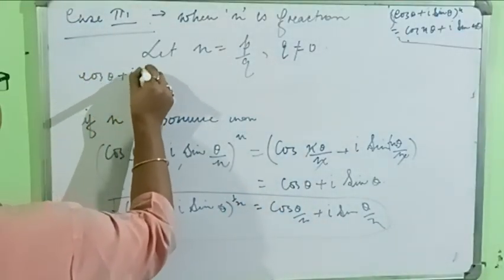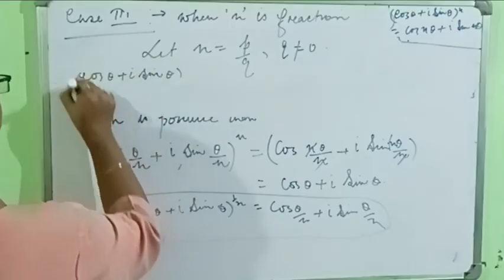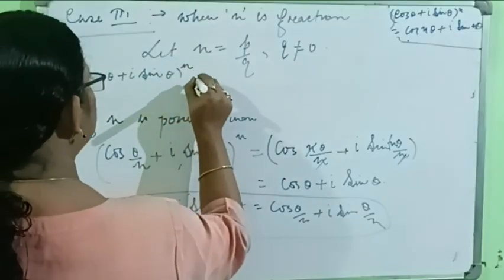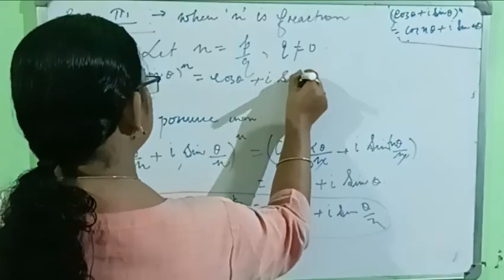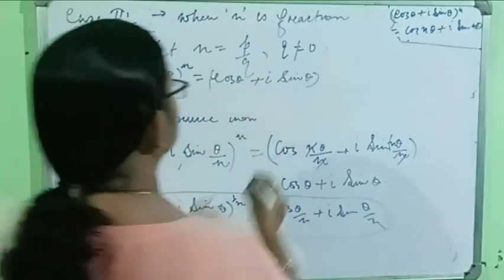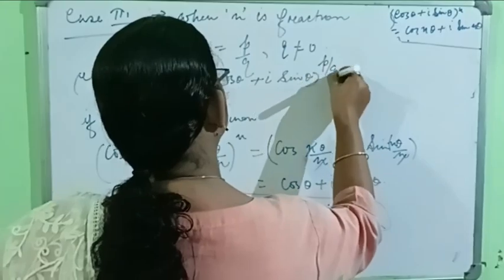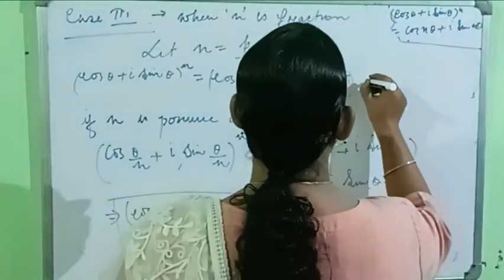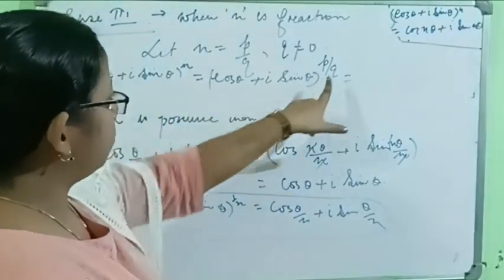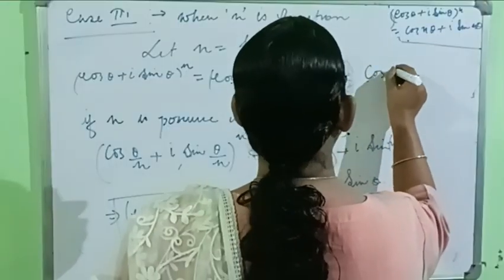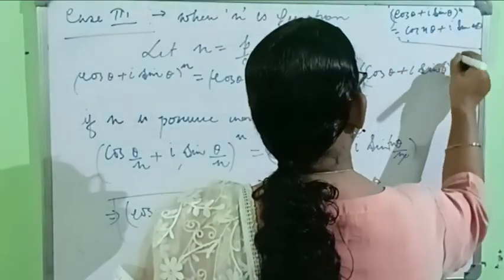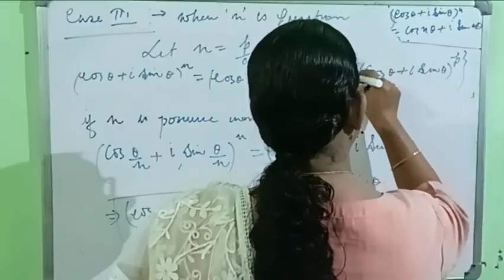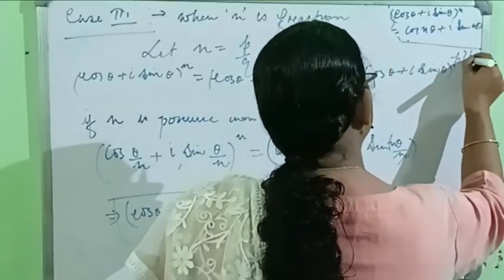Now we are going to find out (cos theta + i sin theta)^n. In place of n I am putting this value p by q. Now I can write this by using the law of exponents.